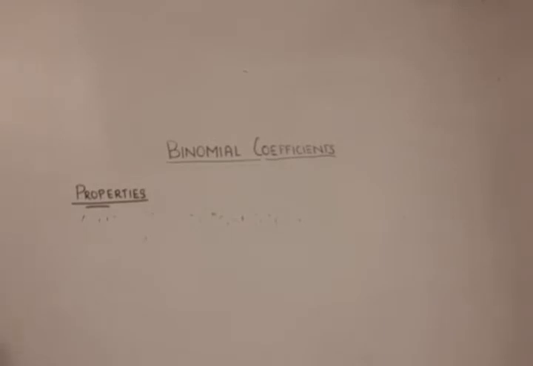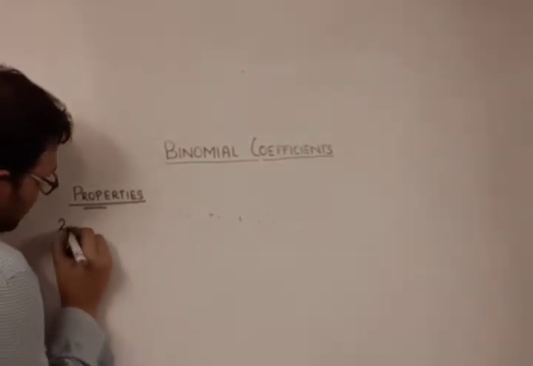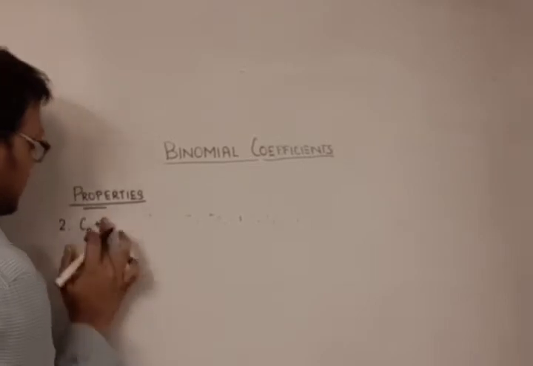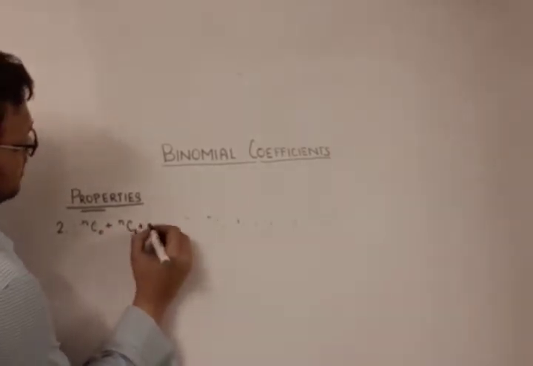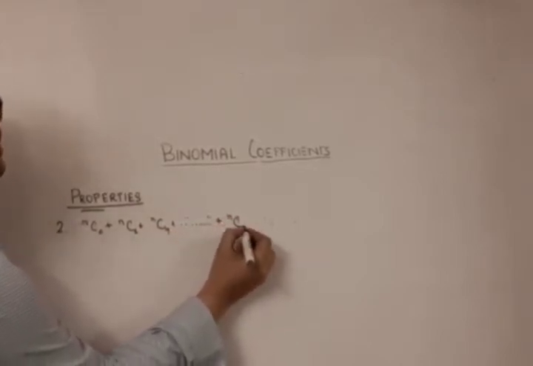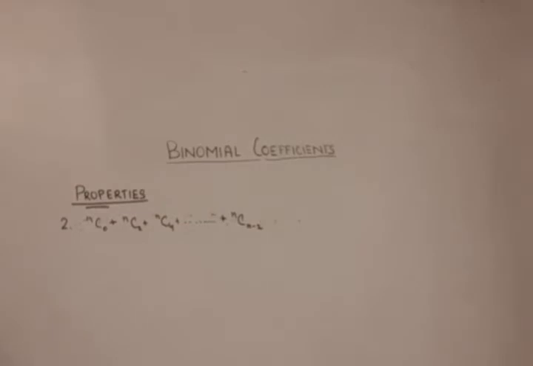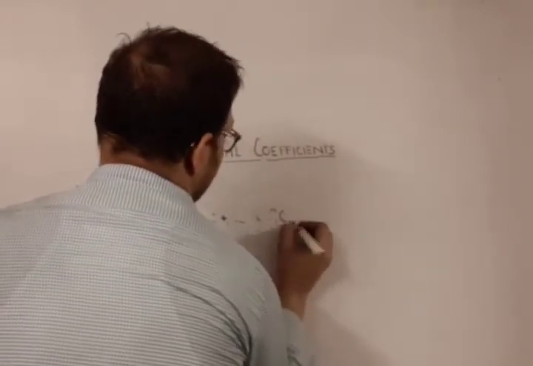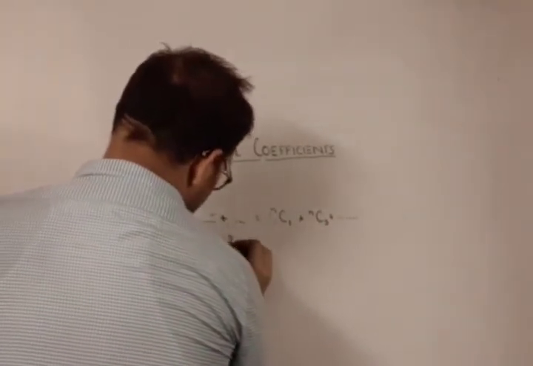The second property says that nC0 plus nC2 plus nC4 plus dot dot, and so on, plus nC1 plus nC3 plus dot dot, which is equal to 2 to the power of n minus 1.